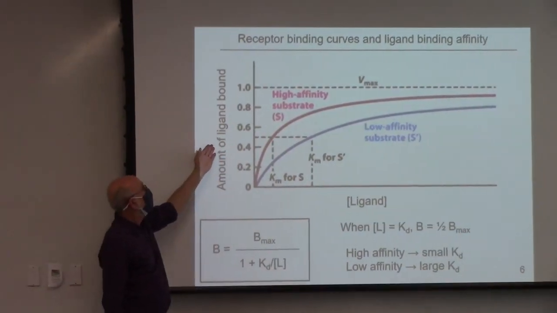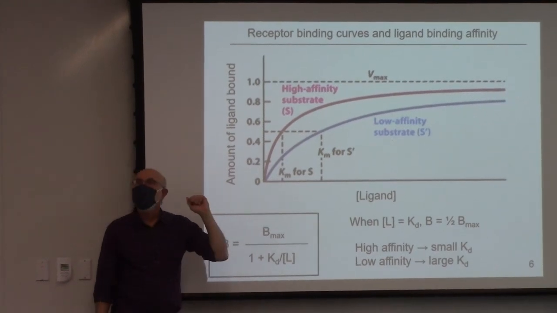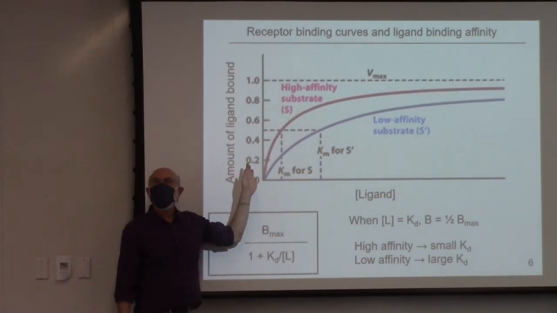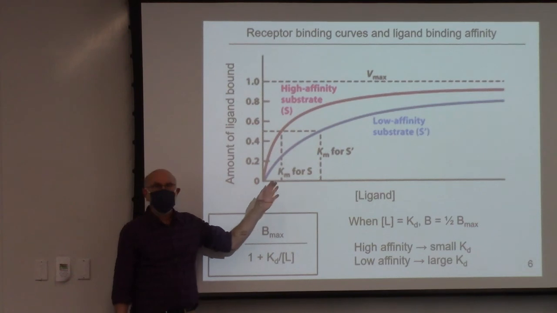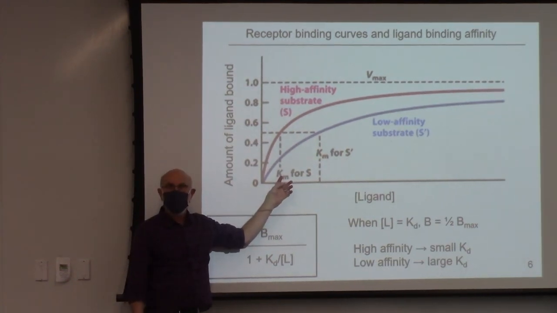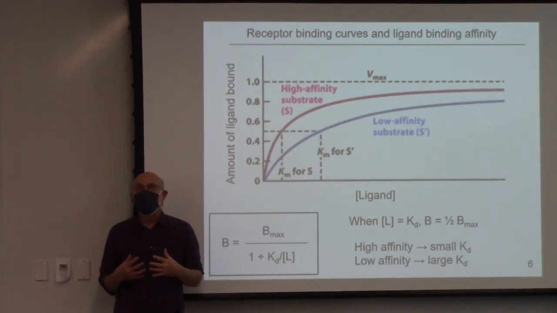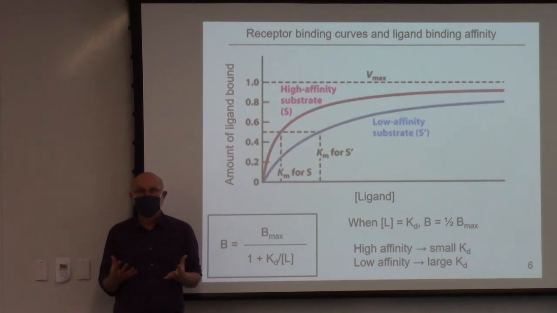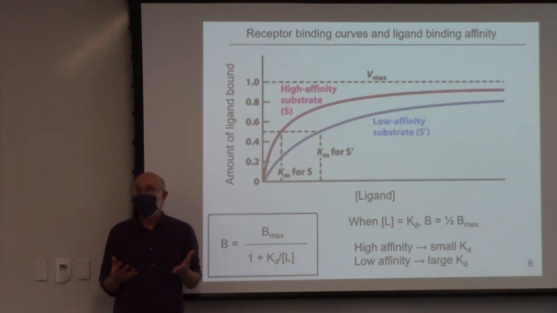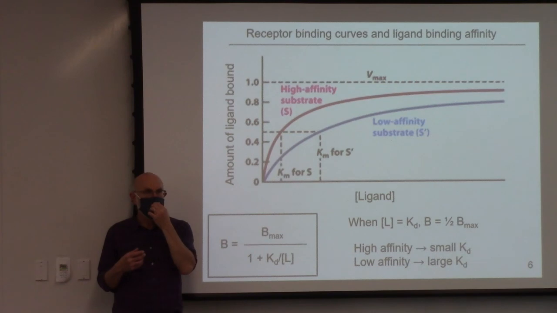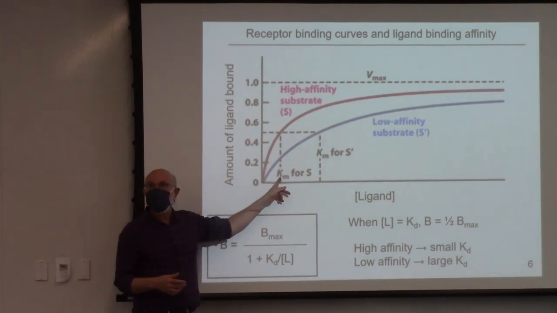Ligand concentration, amount of ligand bound. This is talking about an enzyme that has a Km. I am going to mostly be talking about binding, which is not necessarily an enzyme. It's not doing an enzymatic reaction. It's binding, and so we talk about Kd.